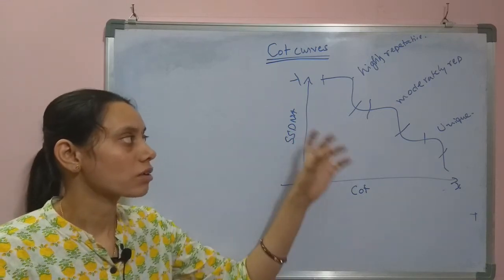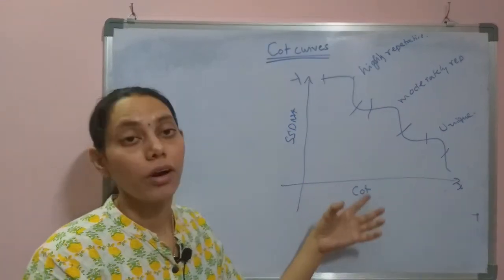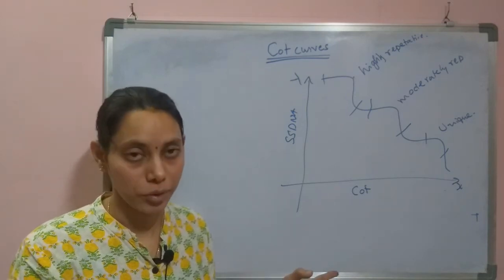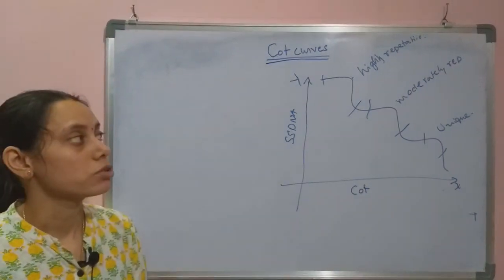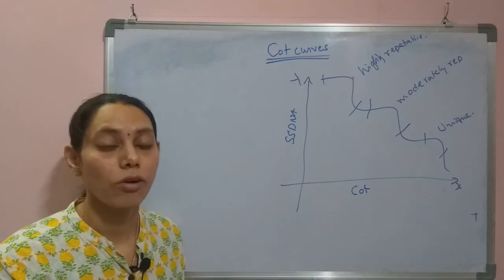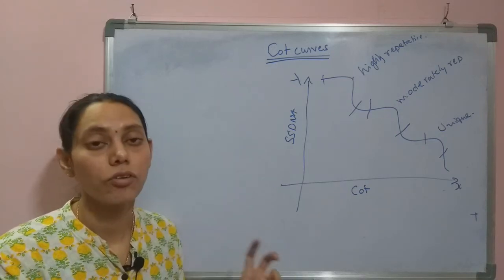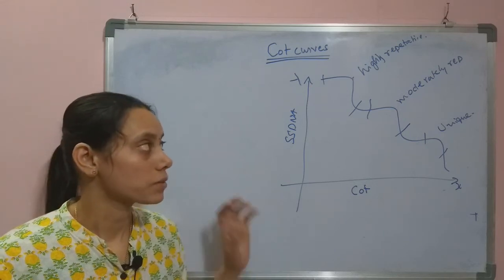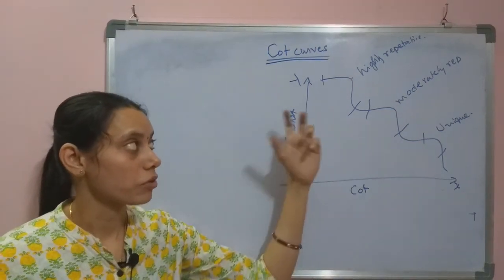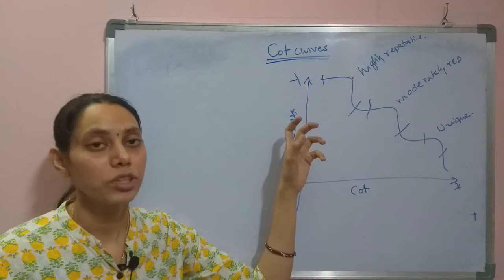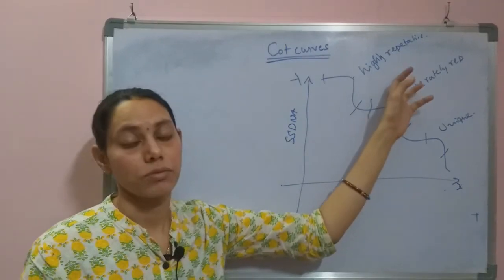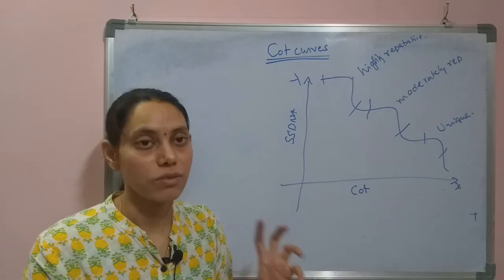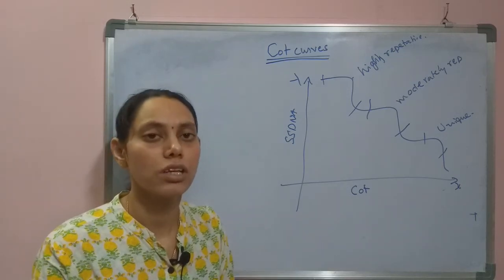So here these kinds of cot curves are observed due to the complexity of the genome of a human being, because of the presence of different lengths of different sequences. That means some of the sequences in the human genome are highly repetitive, so highly repetitive sequences will take less time to renature.